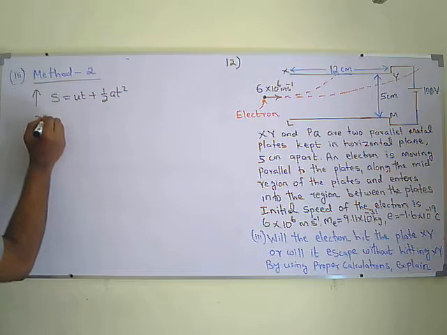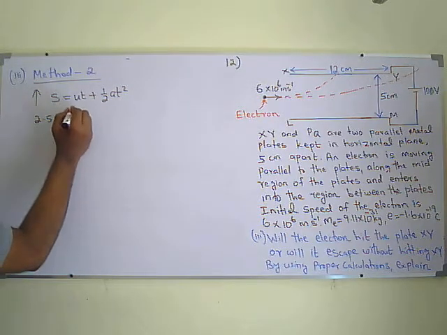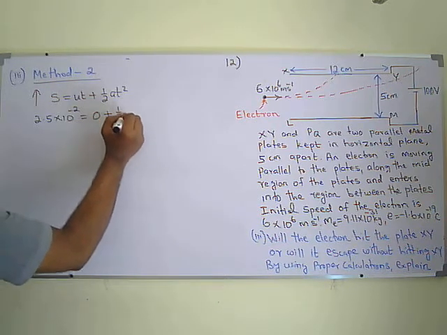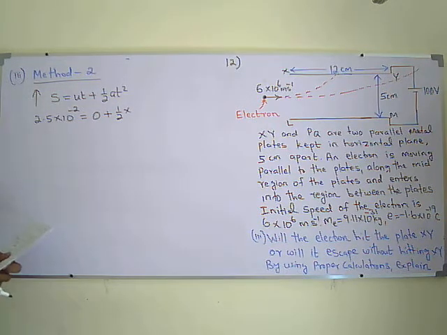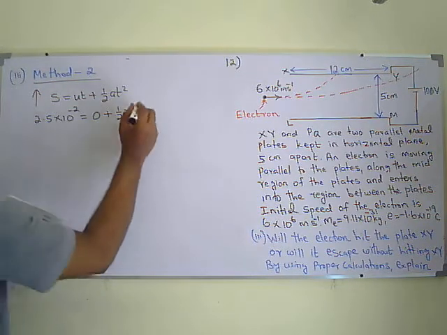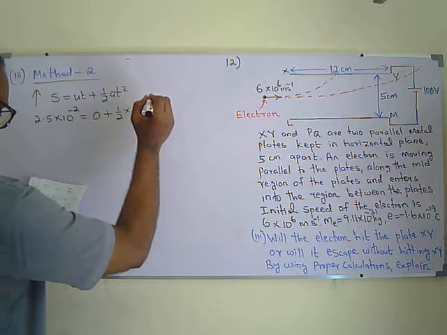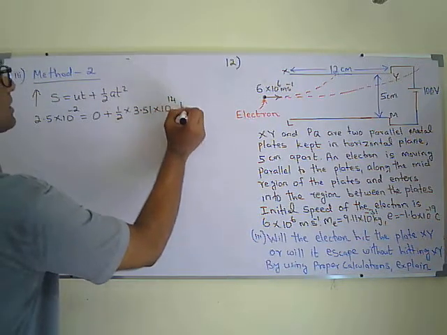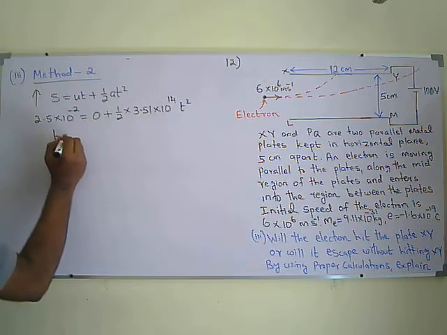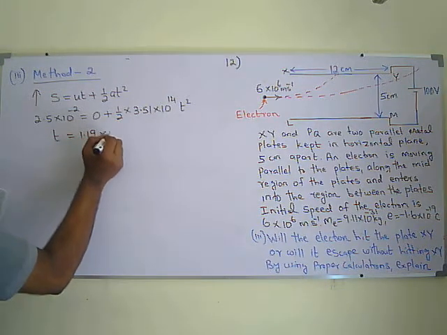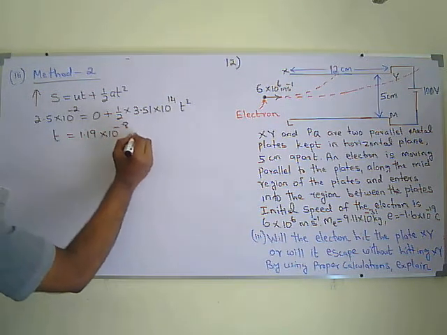So S is 2.5 into 10 to the power minus 2. The initial speed towards the plate is 0, equal to half into the acceleration, 3.51 into 10 to the power 14 t squared. We found the time for that, that is 1.19 into 10 to the power minus 8 seconds.